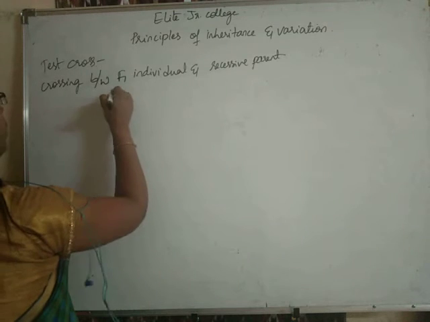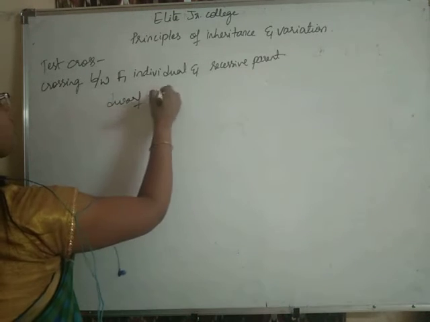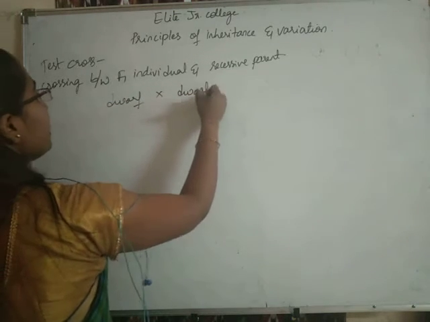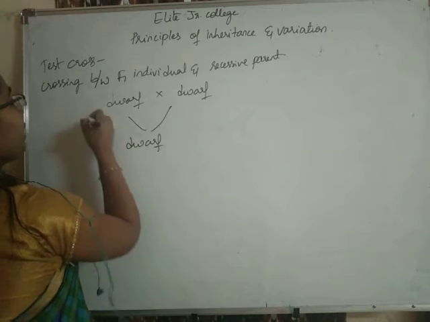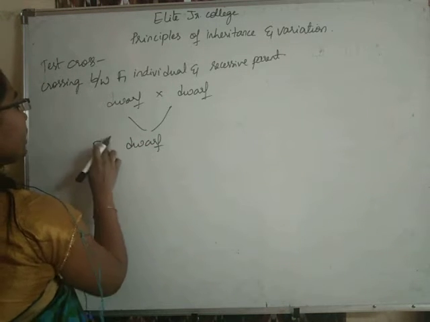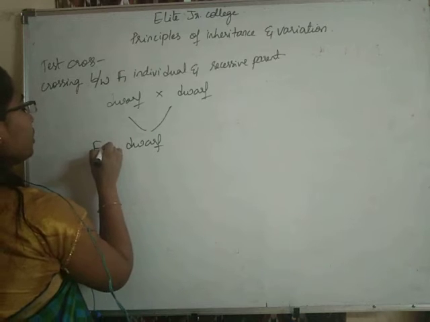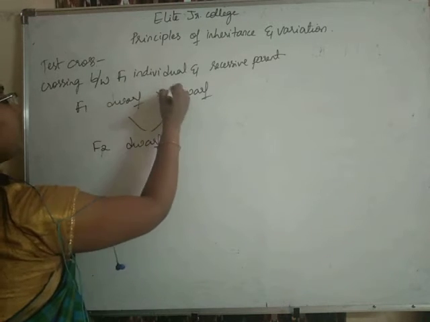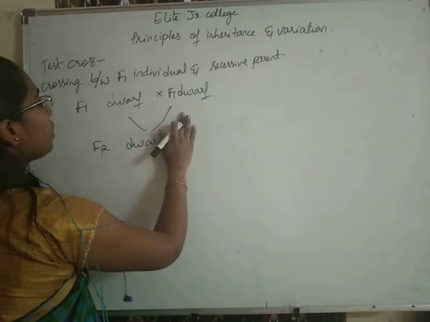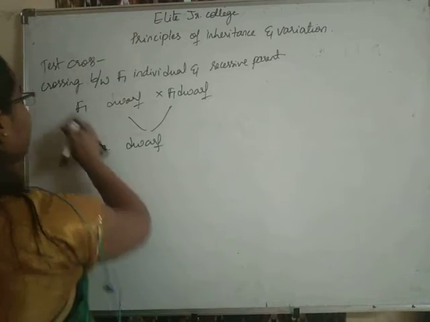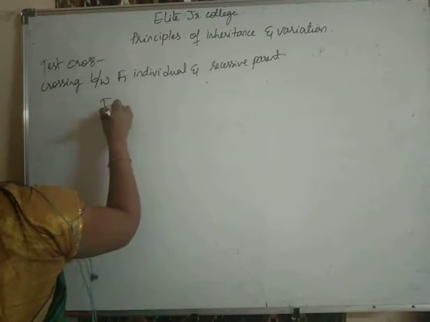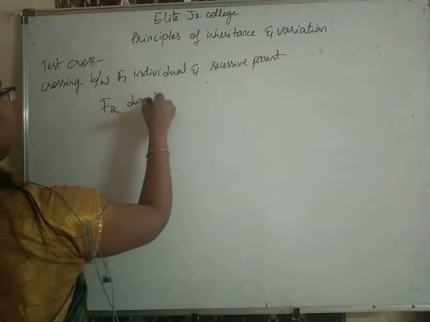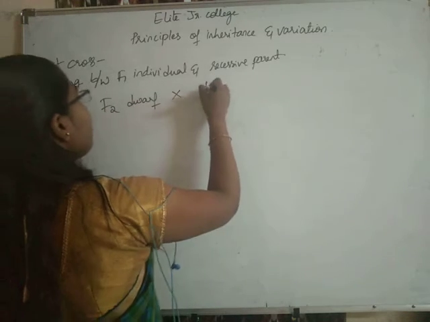So dwarf, as we have already done, a dwarf individual was crossed with dwarf individuals. It resulted in all dwarf individuals only in the F2 generation. Or we can simply say, whatever F2 dwarf we have obtained, we have crossed it with the dwarf parent.